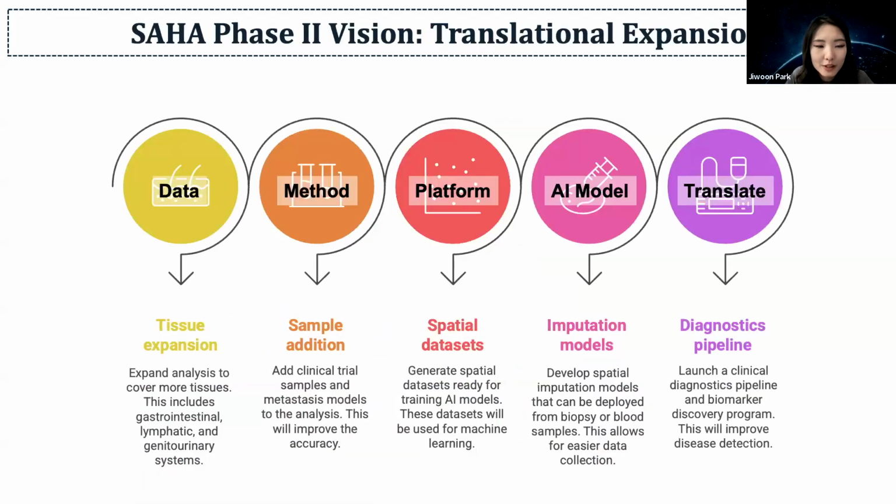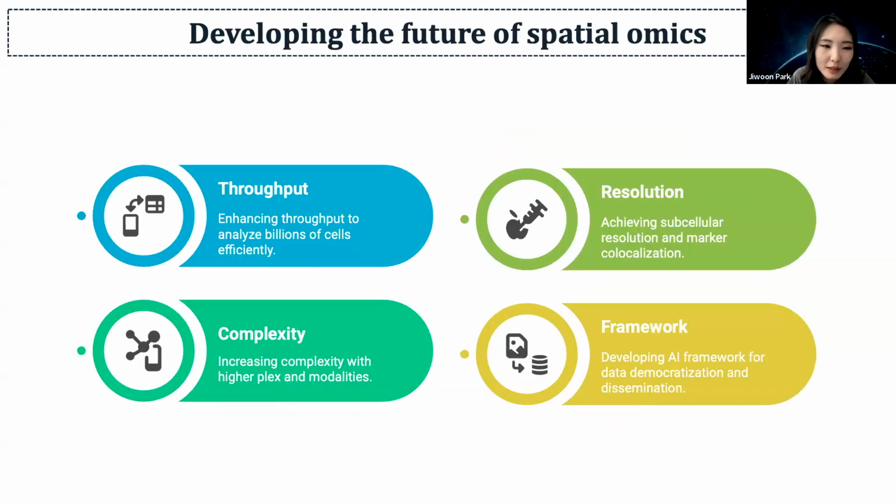And of course, developing specific methods for these organs and implementing higher-plex platforms for us to better profile the biology, and to see where we can develop new models and computational methods to better translate this into real actionable items.